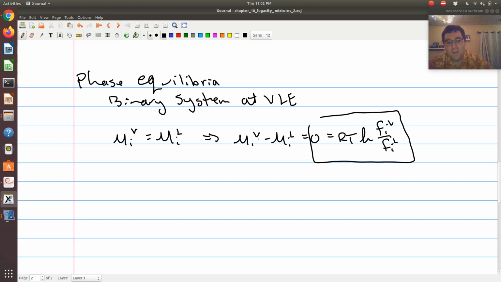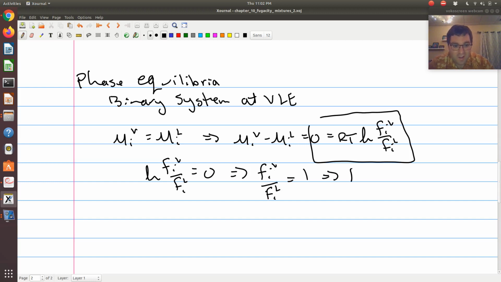I could divide by RT, so log f_i vapor over f_i liquid is also equal to 0, and therefore, taking the exponential of both sides, f_i vapor over f_i liquid is equal to 1. You could equivalently say f_i vapor is equal to f_i liquid. So you can replace your equality of chemical potentials with an equality of fugacities, an isofugacity equation.